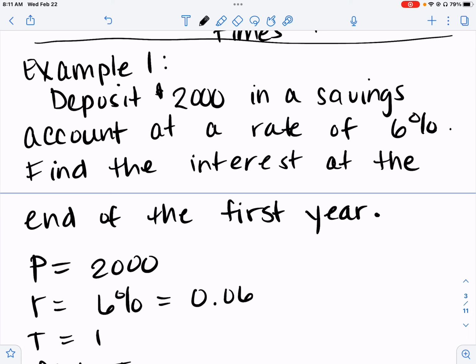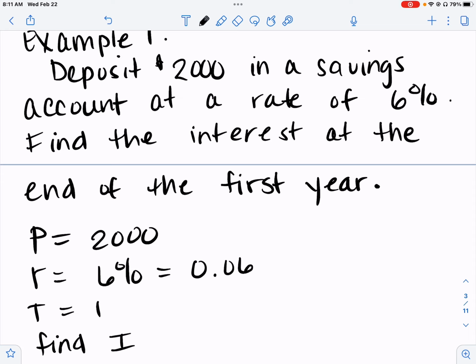Example 1, deposit $2,000 in a savings account at a rate of 6%. Find the interest at the end of the first year. The first thing we want to do is identify all the letters. Deposit $2,000 says that P equals 2,000. Rate of 6% tells us that 6% is going to get changed to a decimal by moving it 2 places to the left.